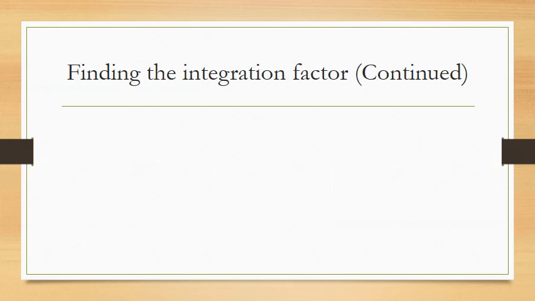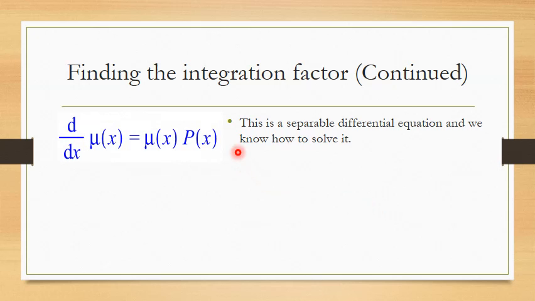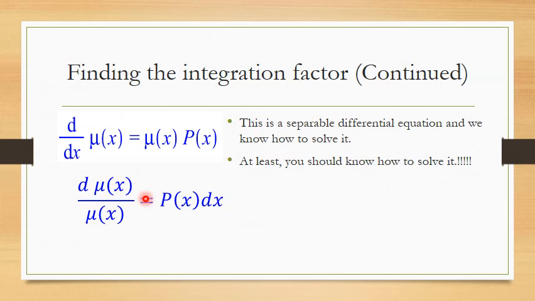I create this new condition, and from this I hope to be able to find mu. We should be able to find it because this is now a separable differential equation, and we should all know how to solve this by now. If I separate it, put all the mu's on the left-hand side and everything else on the right-hand side, I get this. Integrate both sides, I get the log of mu is equal to the integral of p dx.